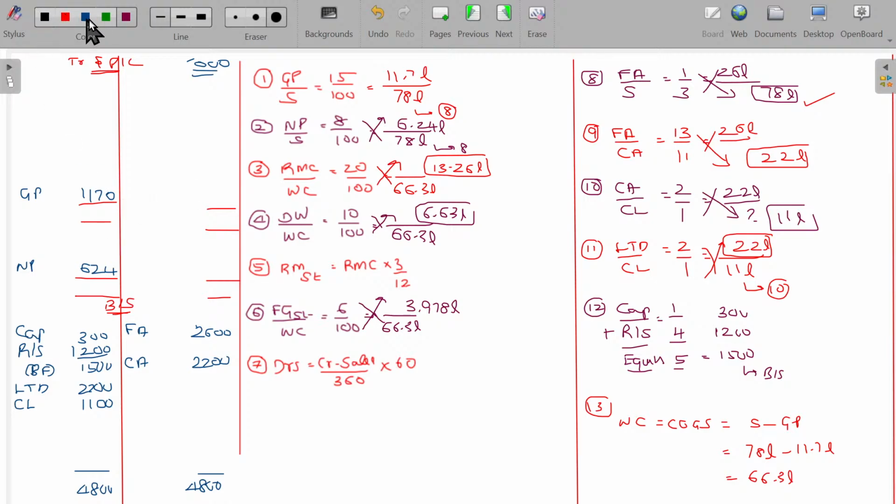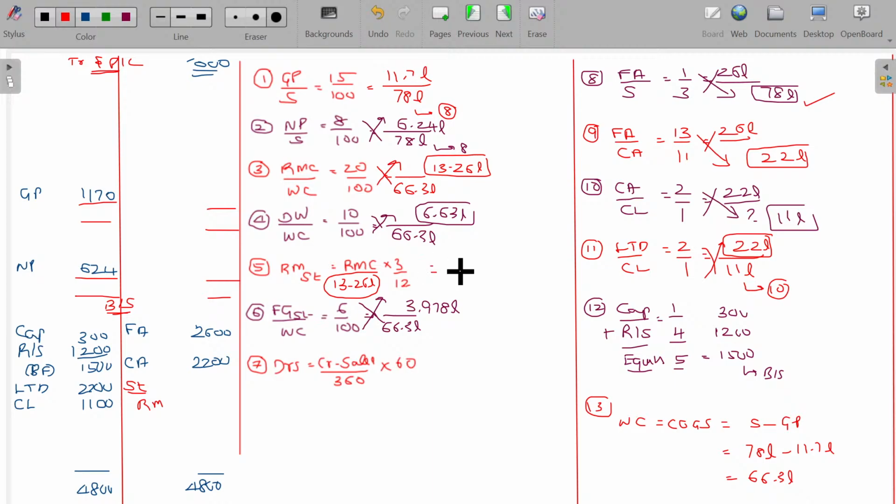Now, in stock, current assets, we have what? Raw material stock. How much is that? We have to calculate. We got the raw material consumption, in this case 13.26, from working note number 3.